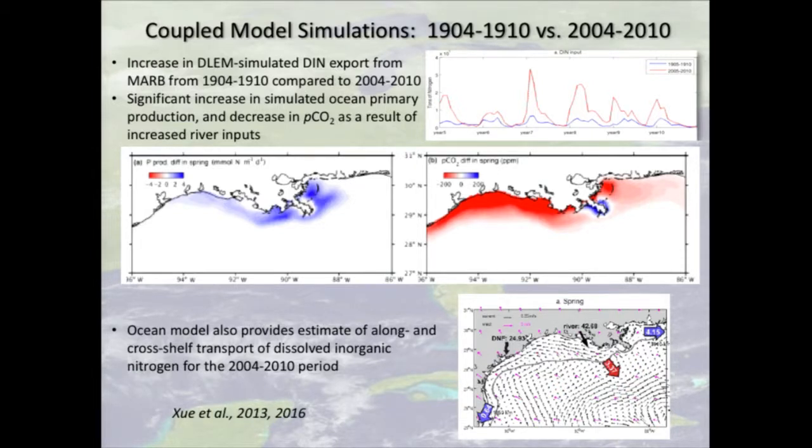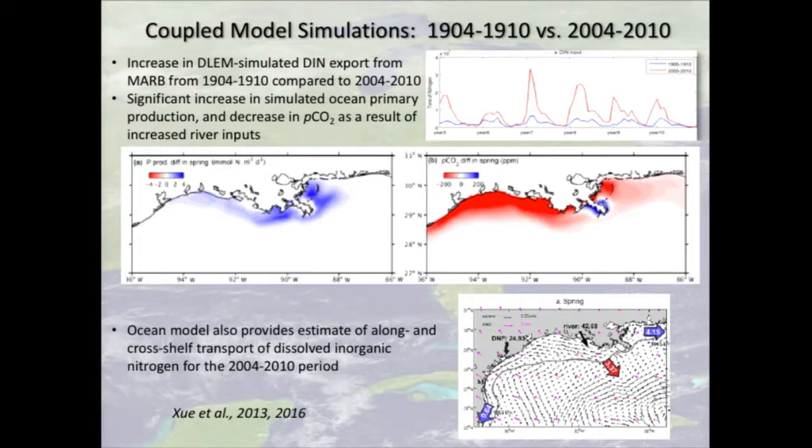And that's led to an increase in primary production, and that's illustrated here. You can see in this difference map for primary production, much higher productivity in the early 21st century compared to the early 20th century. And analogously a lower pCO2, so this is having an impact on the air-sea flux of carbon dioxide in that system.